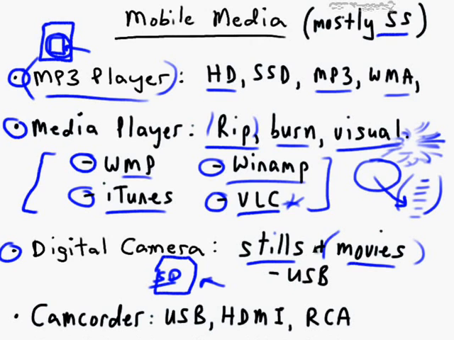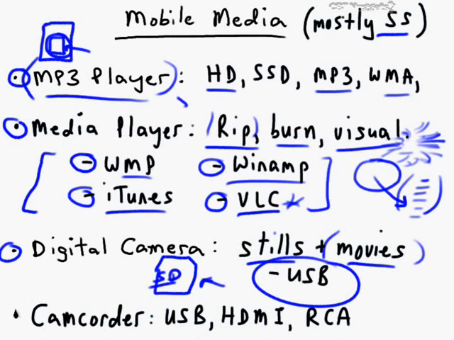How do we connect a digital camera to our PC? Well, the same way we would do that with a portable audio player. Generally speaking, the Universal Serial Bus or USB interface. We're going to be talking in great detail about USB a little later in the course, so please don't feel left out in the rain if you're thinking, Tim, you're mentioning USB a lot here, but you're not explaining it.